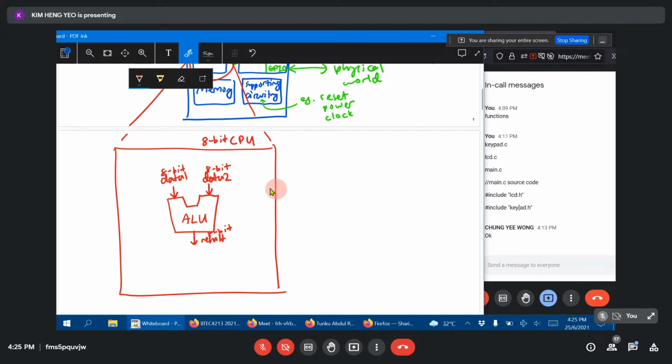Okay, so desktop computers now are 64 bits. Microcontrollers are up to 32 bits. You don't need higher than 32 bits from your controller side. It's not practical, because if you go above 32 bits, yes, you have a lot of processing power, but the processor also consumes a lot of energy.